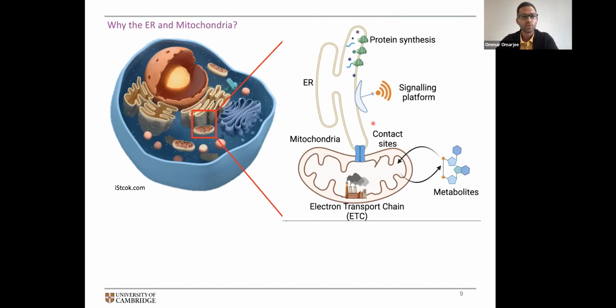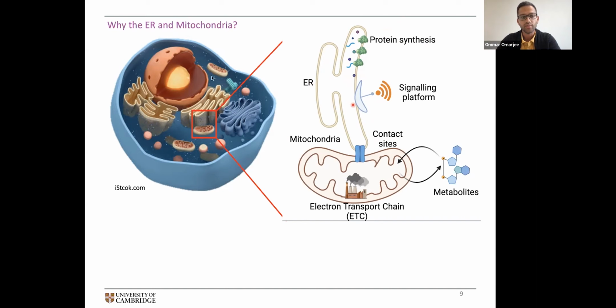So one of the first roles of the ER is to produce proteins from signals it receives from the nucleus. That's the major role of the ER. Another major role is that it acts as a signaling platform. It will be able to sense if the cell is undergoing stress conditions and then send the right message in order to counteract that stress.